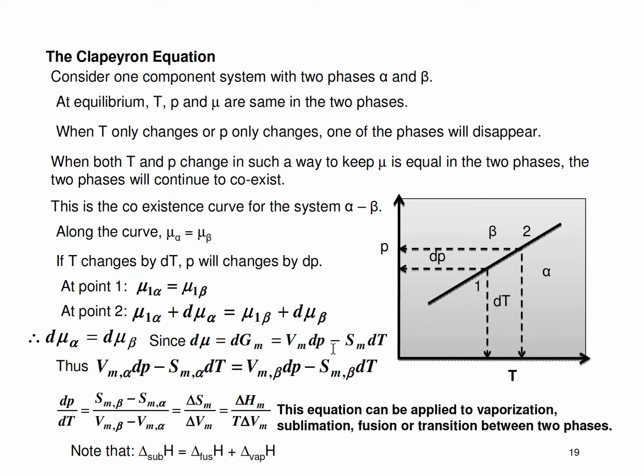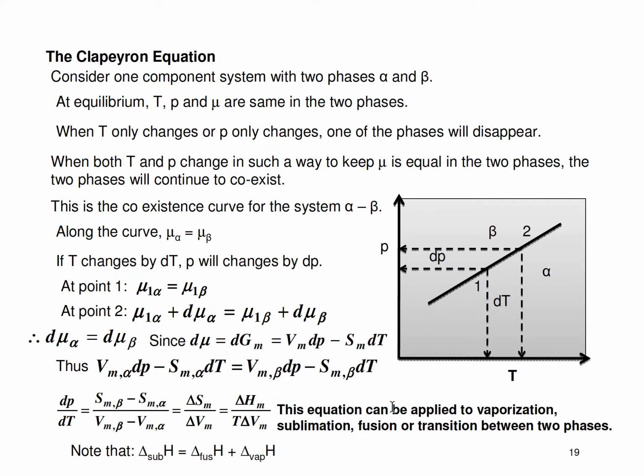Thus, we have V alpha dP minus S alpha dT equals V beta dP minus S beta dT. So this equation can be applied to vaporization, sublimation, fusion, or transition between two phases, to describe the T and P of the two phases.